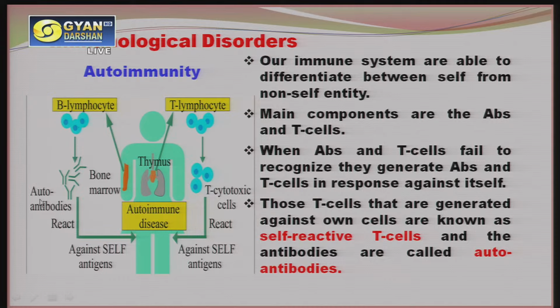The B lymphocyte can produce autoantibodies against the self antigens. The T lymphocytes can produce T cytotoxic cells, which react against the self antigens. So both B cells and T cells react against the self antigen, and that is known as autoimmunity.